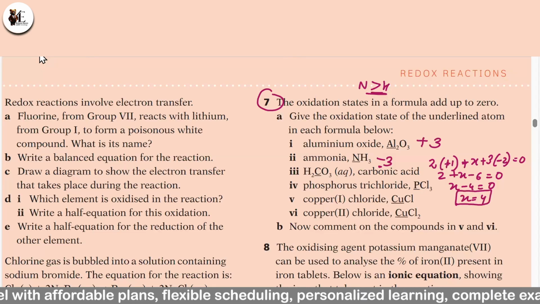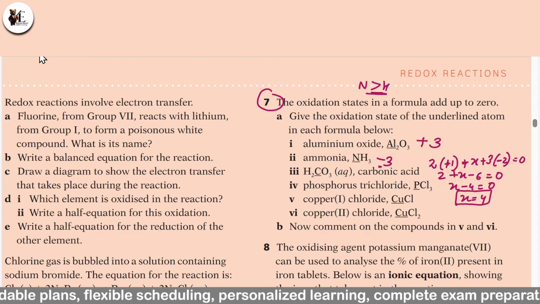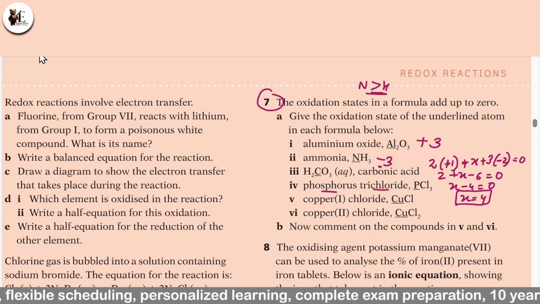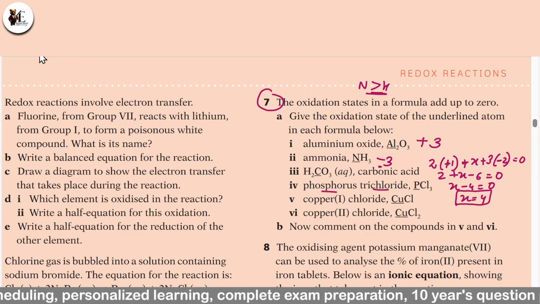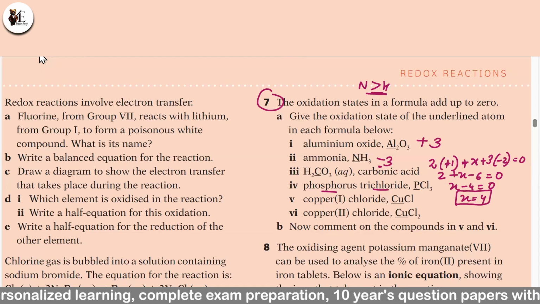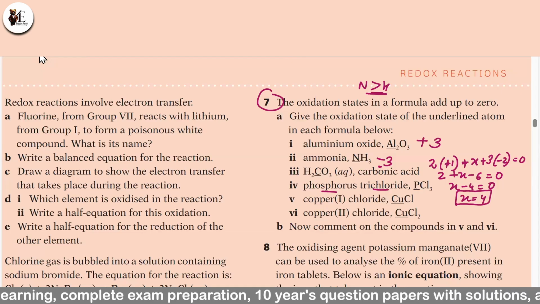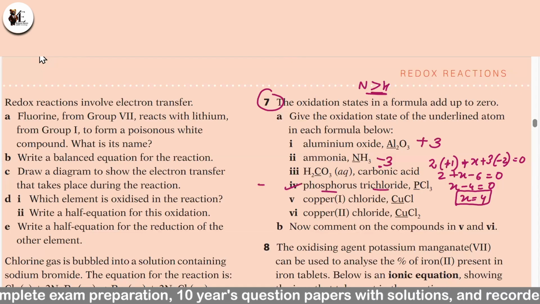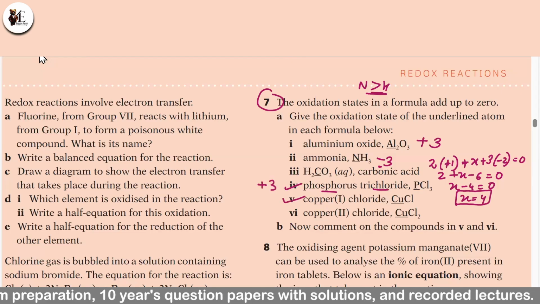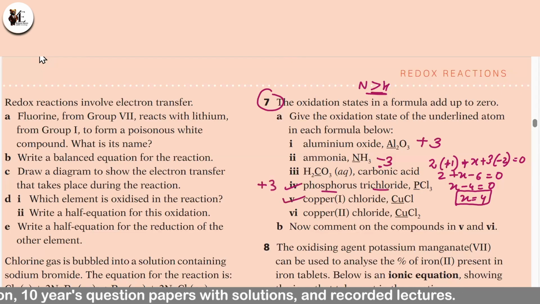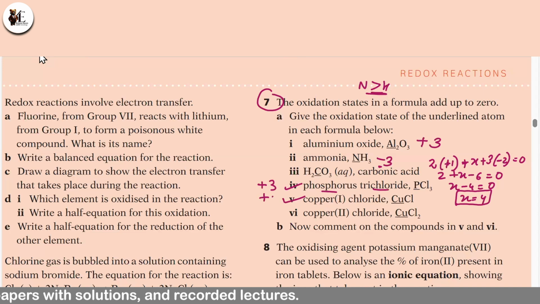Of phosphorus in phosphorus trichloride? It's +3. Yes. Copper in copper chloride? +1. Copper in copper 2 chloride? It's +2.